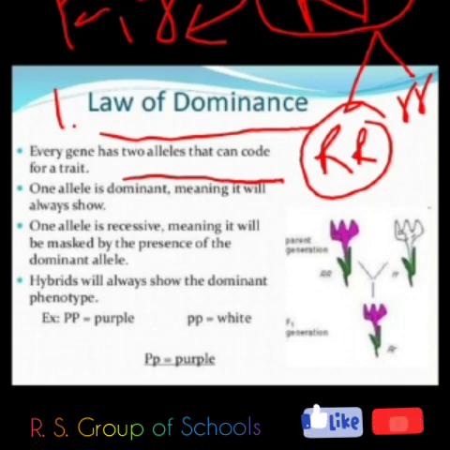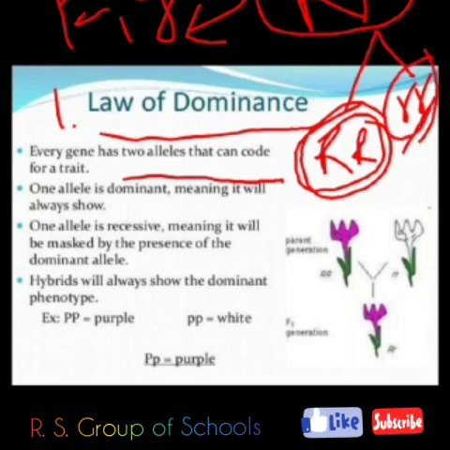This is the first law, the law of dominance, given by Mendel. The character that shows in the tall nature is dominant, and the dwarf character that is hidden is recessive.